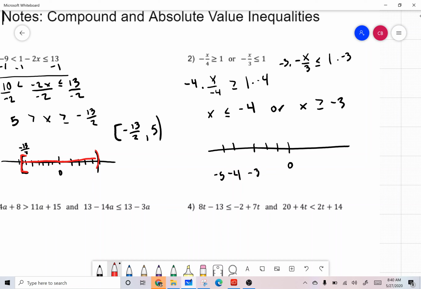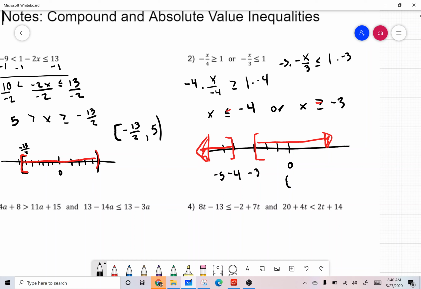We have x is less than or equal to negative 4, which would be, here's negative 4. It's less than that, so it's pointing this way. I'm using the arrow to help me. Notice that looks like an arrow pointing that way. This one looks like an arrow pointing the other way. So I'm going to simply draw this. Now what does this mean? Well, the left side is going to tell us that x is less than or equal to negative 4.